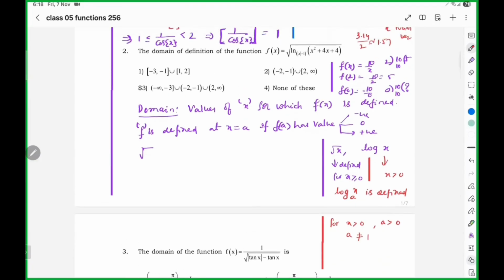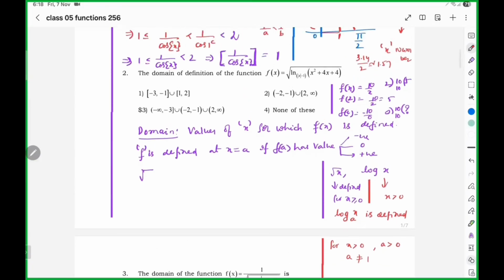Now, based on this, here you have ln. ln means log x to the base e. And the function he has given is ln of x square plus 4x plus 4 with base mod x minus 1.